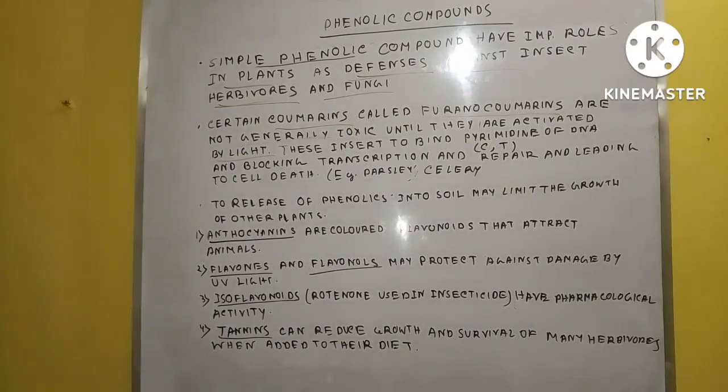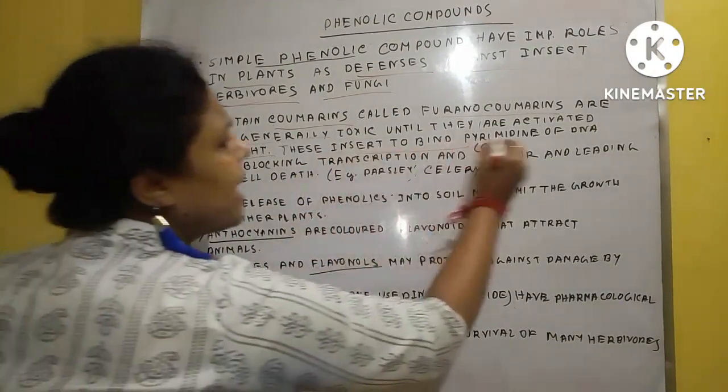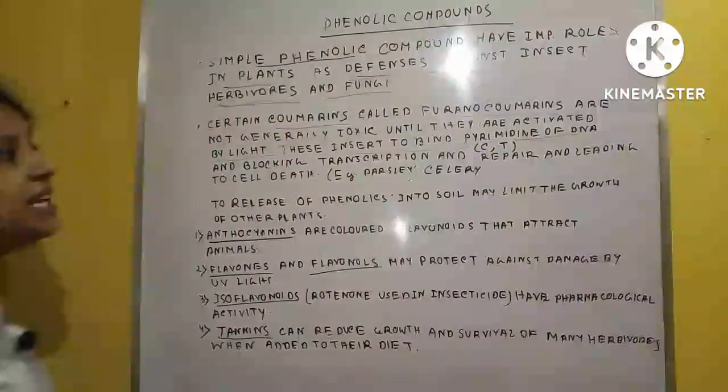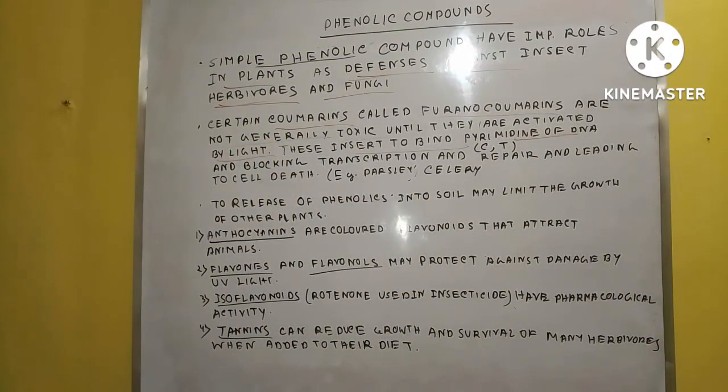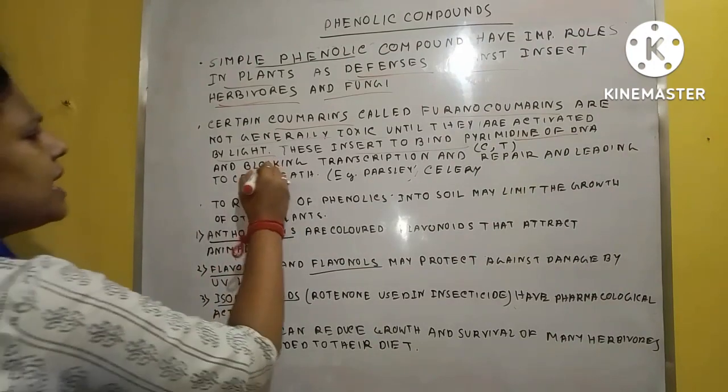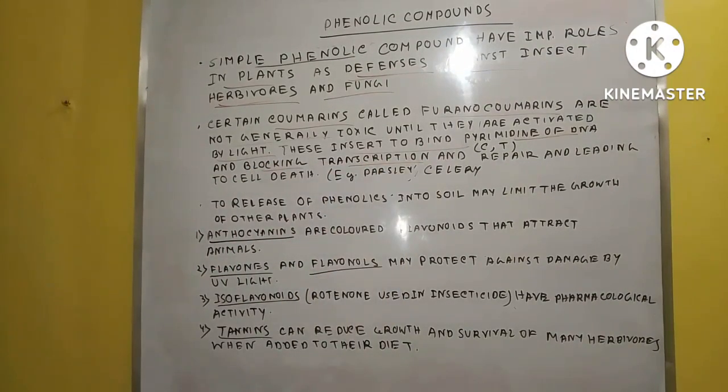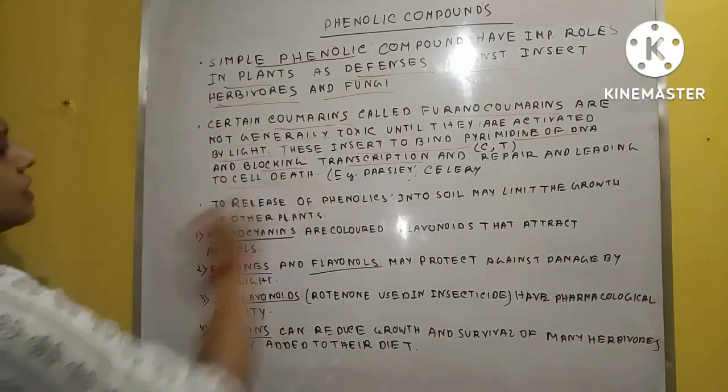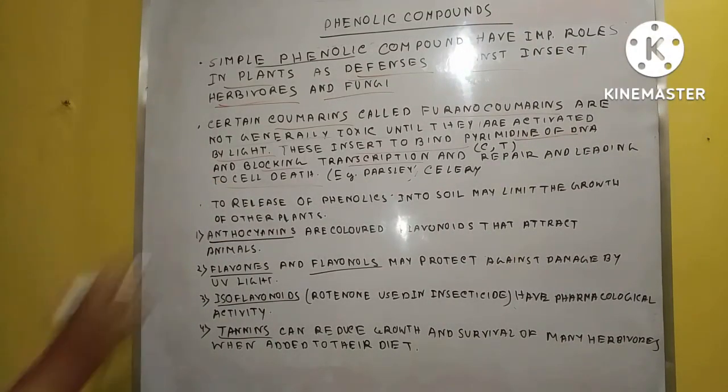They directly insert and bind to the pyrimidines of the DNA. Pyrimidines, as you know, are cytosine and thymine, and binding blocks transcription and repair, leading to cell death. This is the role of the coumarins.